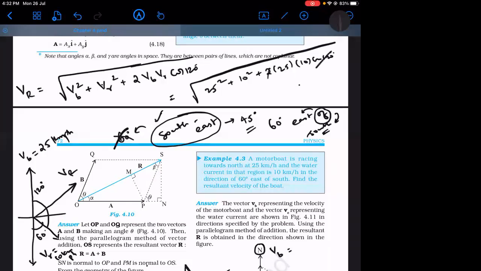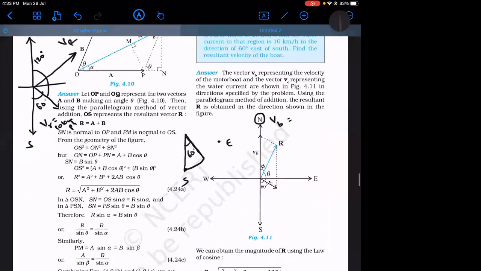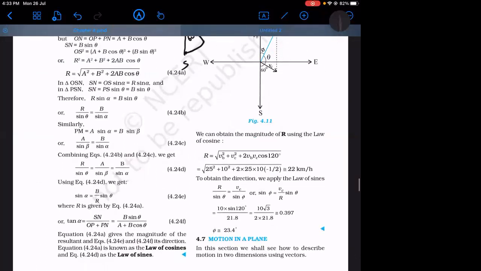This and this will get cancelled with a minus sign left out here. Root of 25 square is 625 plus 10 square is 100 minus 250. So 625 plus 100 minus 250, take the square root of it, that will be the answer. So approximately 22 km per hour.